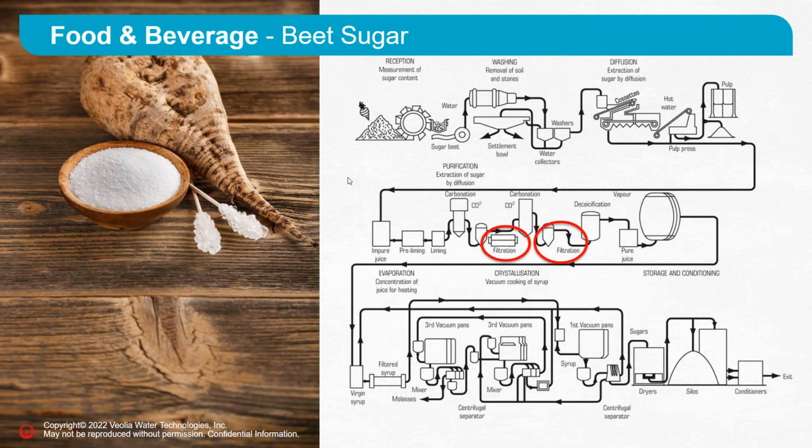Then the sugar-rich raw juice is purified by precipitating the non-sugar components in the water before it's concentrated into a sugar syrup. This is where the Precoat filters come into play before the liquid is sent for evaporation and crystallization into beet sugar.